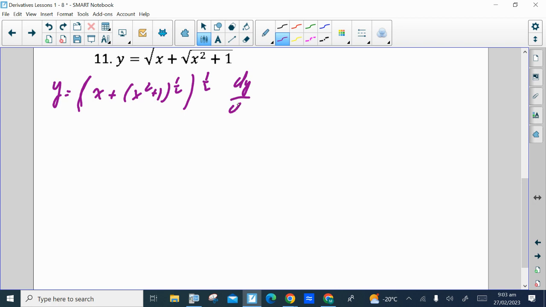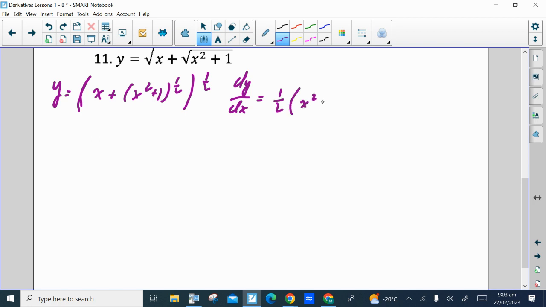dy by dx will equal. So to differentiate this, we have to use the chain rule. The first step is using the power rule. So this power of 1/2 on the outside is going to come in front.